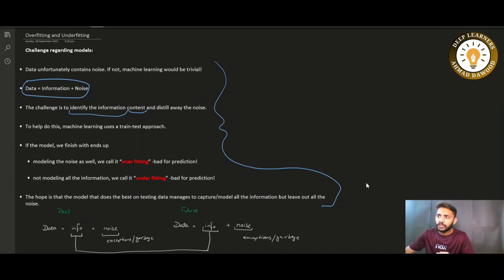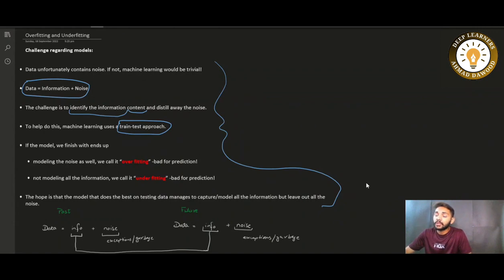For that purpose we usually use the train-test approach. We split our data set into a training part and a testing part, then we train our model using the training data set and test our model using the test data set.